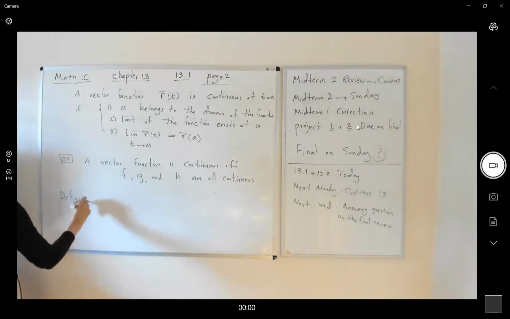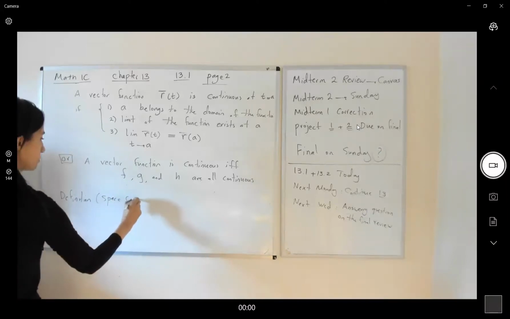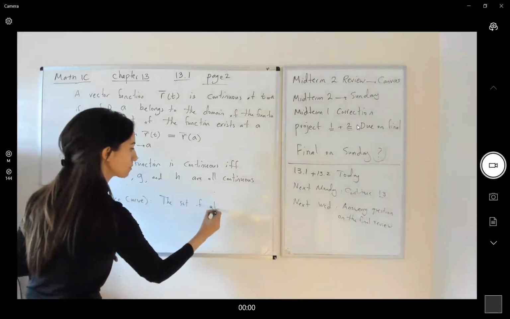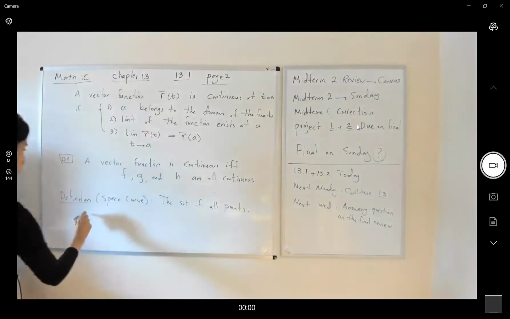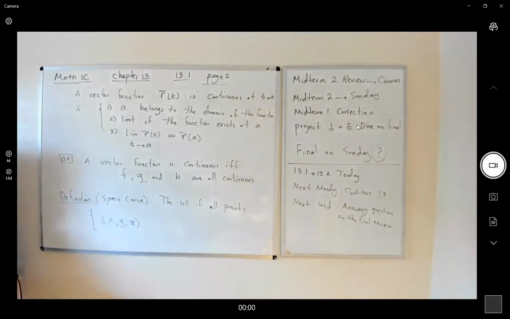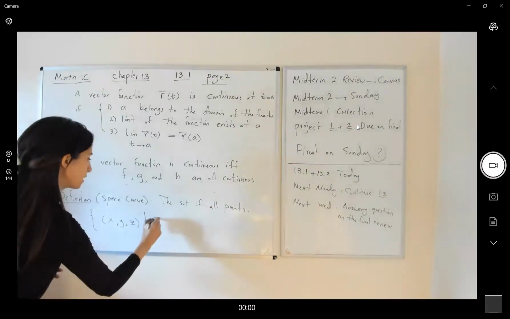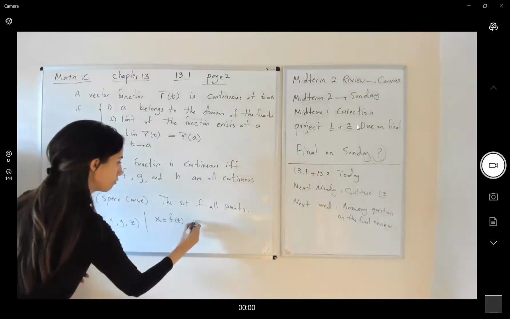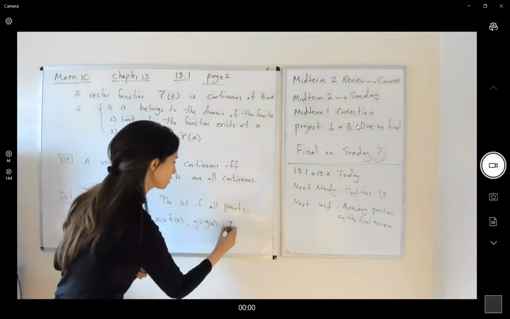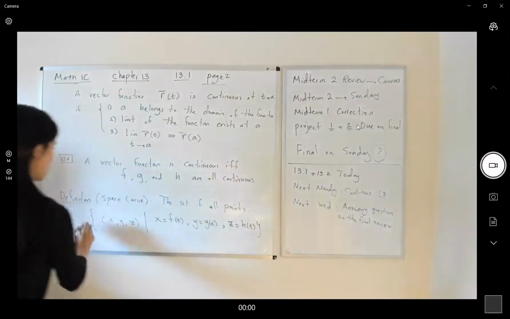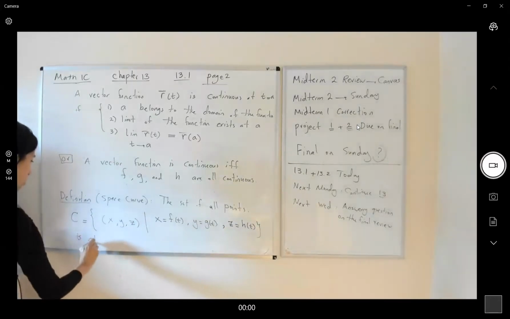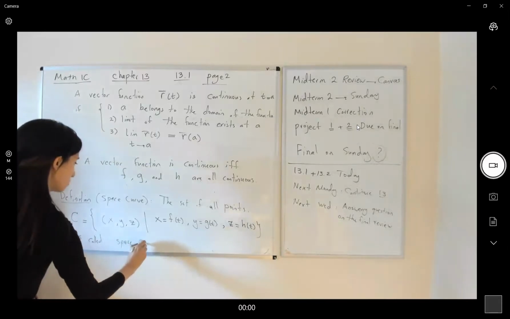Definition of a space curve here. The set of all points x, y, z, such that x is equal to f of t, y is equal to g of t, and z is equal to h of t, the first coordinate of the point, the second coordinate, and the last coordinate, is denoted by C, and we call it a space curve.